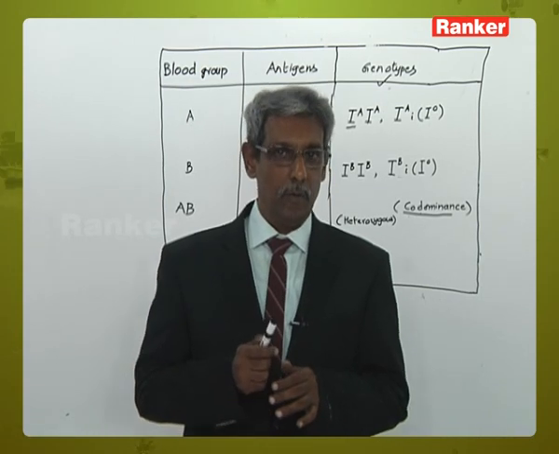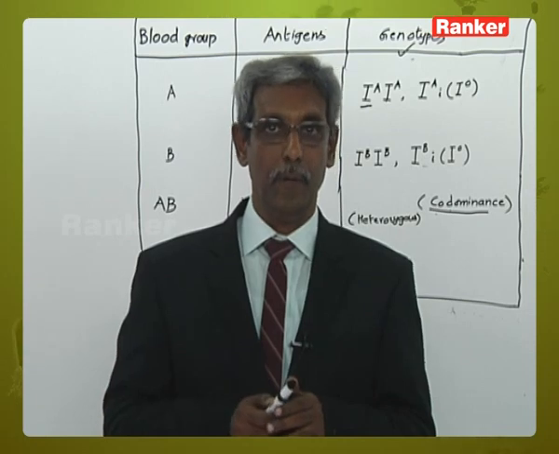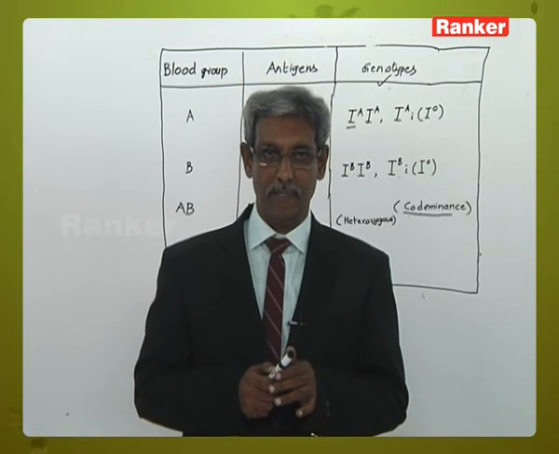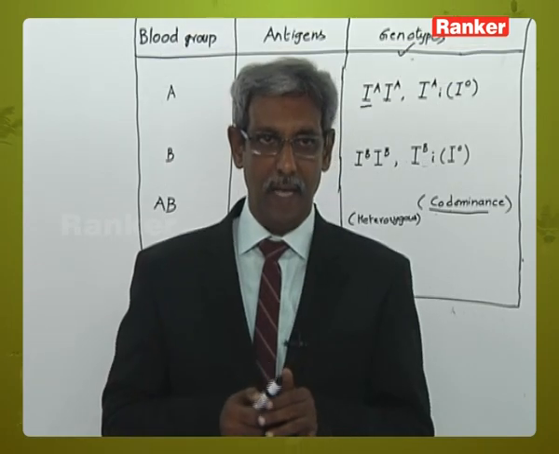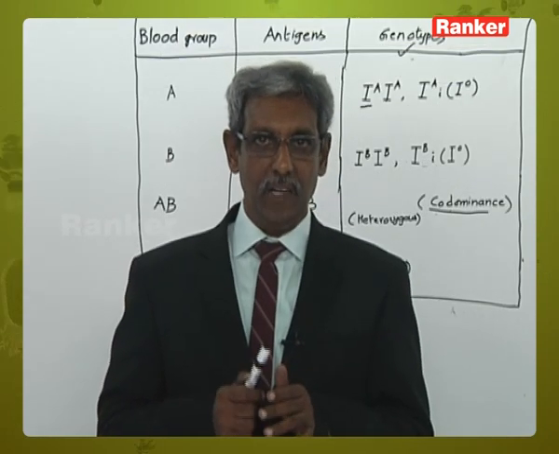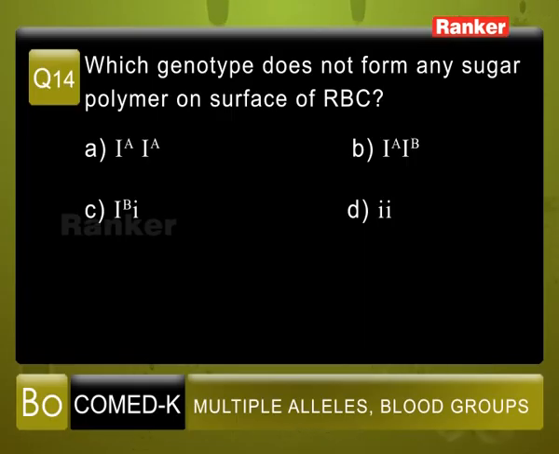So, in problem number 14, which genotype does not form any sugar polymer on the surface of the red blood corpuscles? If there is small i and small i, a recessive gene, an antigenic property is not expressed, thereby in blood group O you do not have the formation of any sugar polymer, and the right answer is D, which is represented as small i recessive.